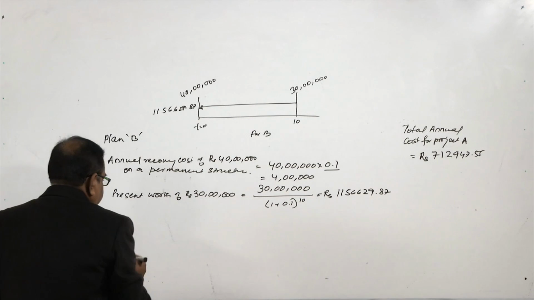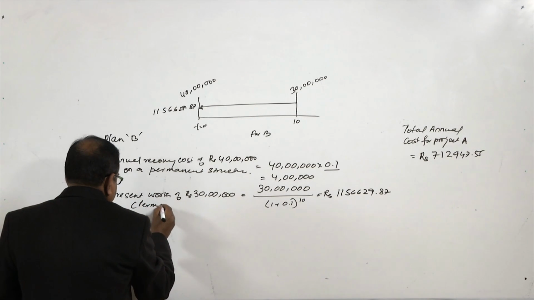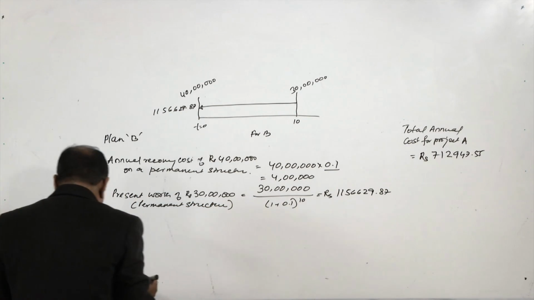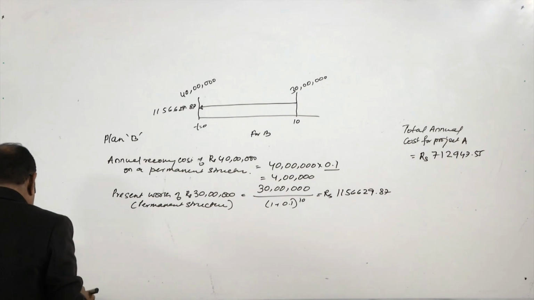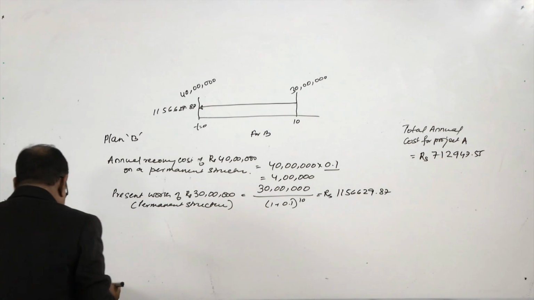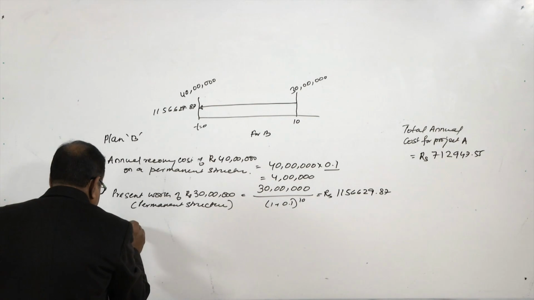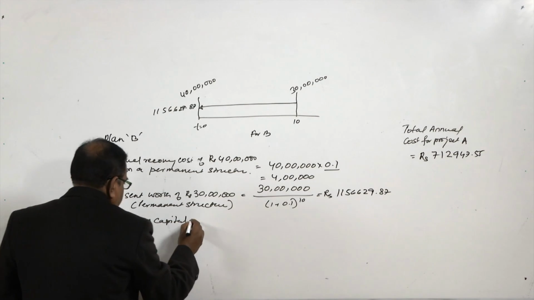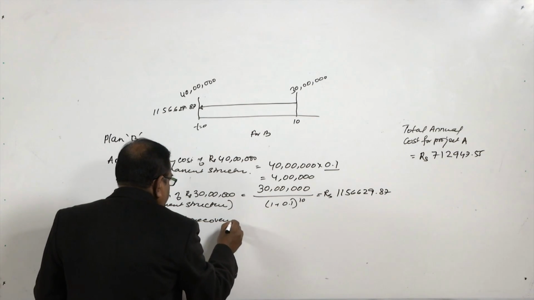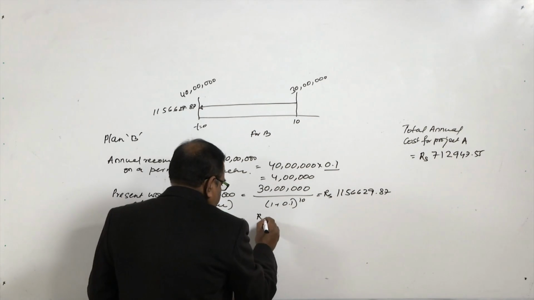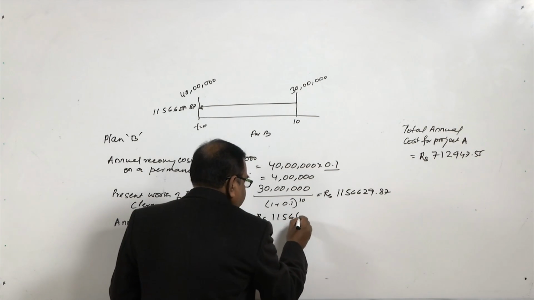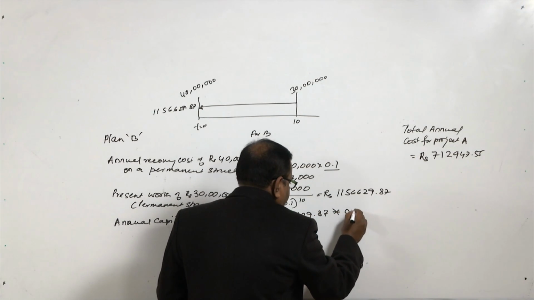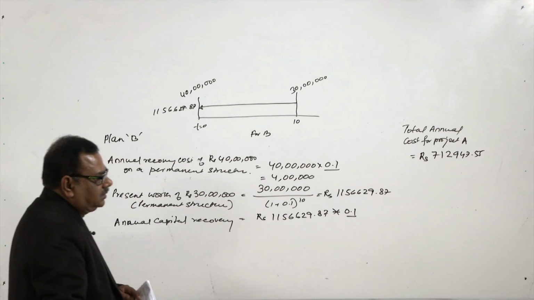Now, taking this to be a permanent structure, the annual capital recovery is equal to rupees 1,156,629.87 into the value of i, which is 0.1, because this is a permanent structure.